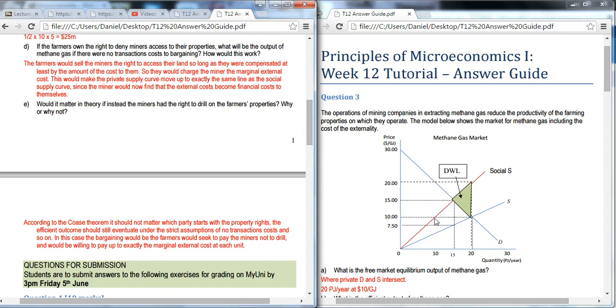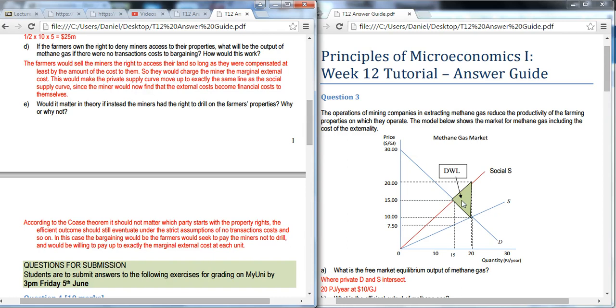It's not worth the farmers' while to pay the miners this much if it only costs them this much themselves. So they're not going to pay the miners down there. They're only going to pay the miners up to the point at which the cost to the farmers is the same as the profit that the miners would make from that extra marginal unit.